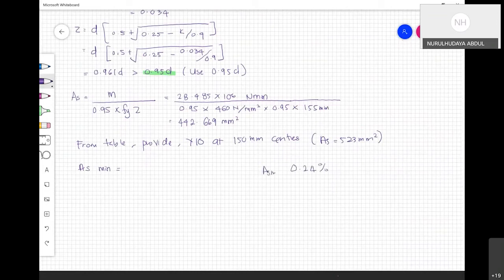So dia ada dua formula. 0.24% daripada AC ataupun BH tu lah. Okay. This one adalah untuk mild steel. Okay. Kalau you punya FY 250. Kalau FY you 460, you akan pakai 0.13% AC. Okay, jadi kita pakai this one.